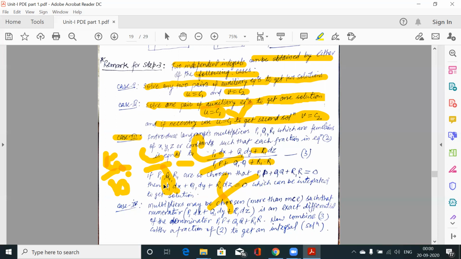This is the property that if a over b is equal to c over d is equal to e over f, then each of these fractions is equal to the addition of numerators over the addition of denominators, meaning a plus c plus e over b plus d plus f.